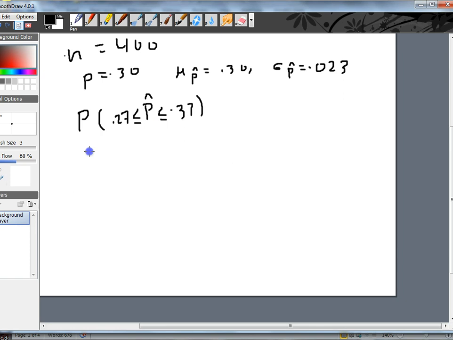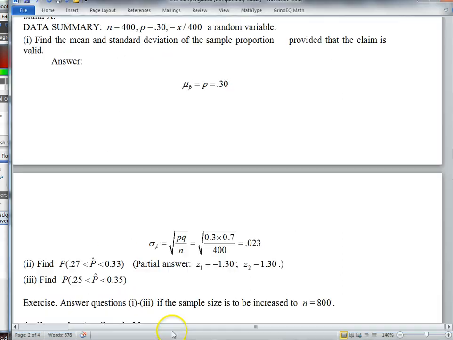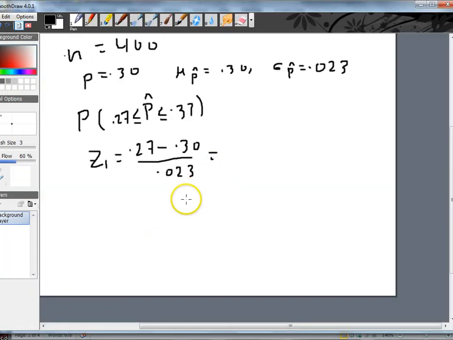So I need the z-score of 0.27 minus 0.30 over, remember, I want to divide by the standard deviation of 0.023, and we computed that to be negative 1.30.